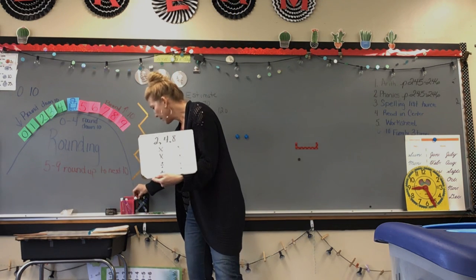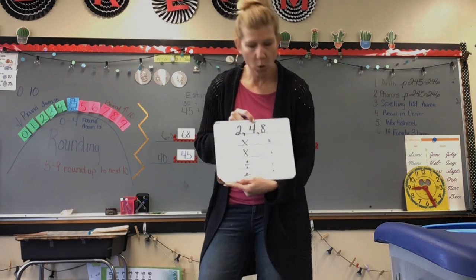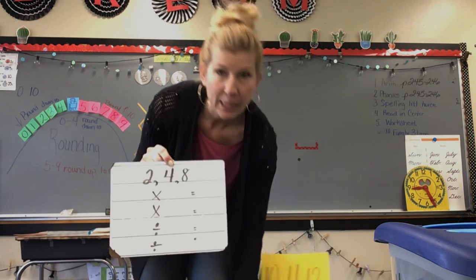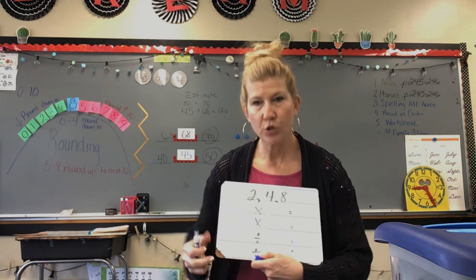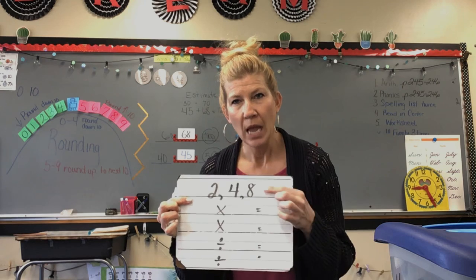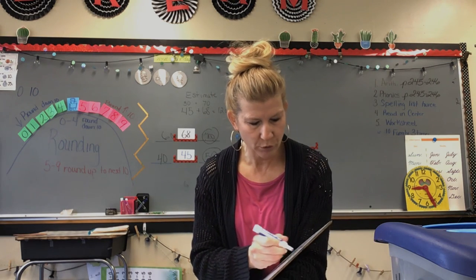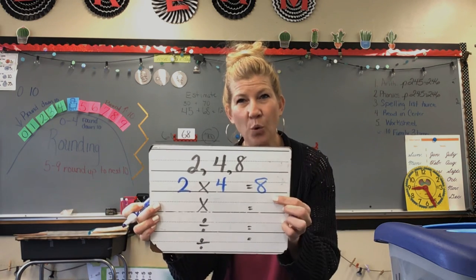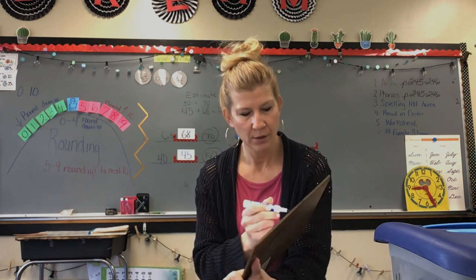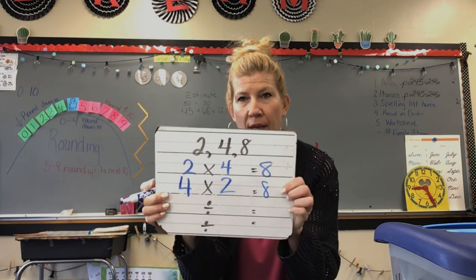So let me get my numbers here. So you have the numbers 2, 4, and you have 8. Now, the way that this works out is you use your smaller numbers, and your answer is your bigger number for multiplication. So you have 2 times 4 equals 8, okay? And the twin would be the opposite. 4 times 2 equals 8, okay?